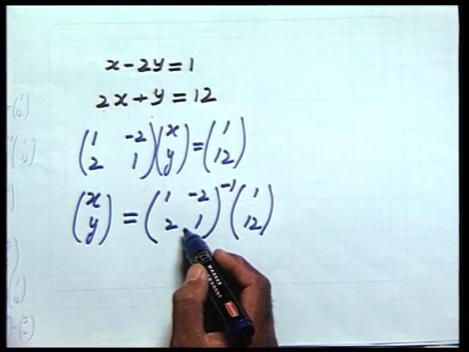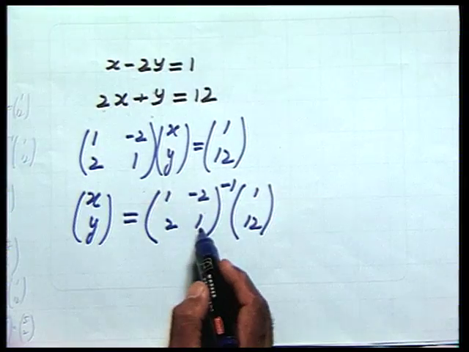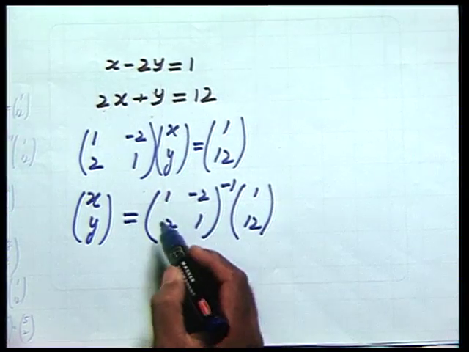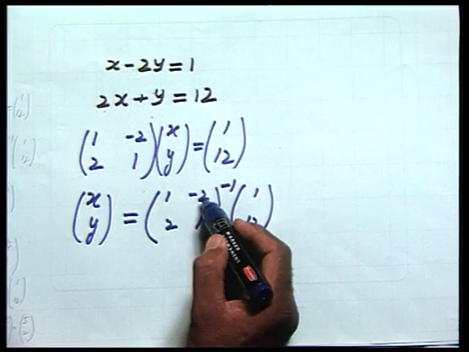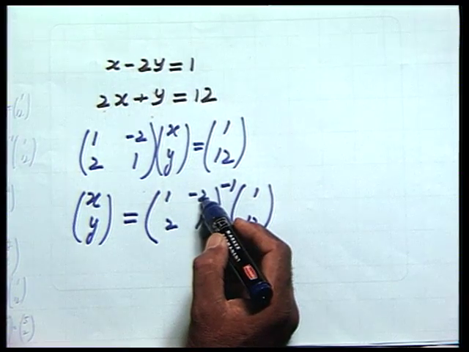Remember once again the caution, the inverse of a matrix can be found if the value of the determinant is not equal to 0. Verify: 1 times 1 is 1, and 2 times minus 2 is minus 4, so 1 minus minus 4, the value is 5. So, the inverse does exist.